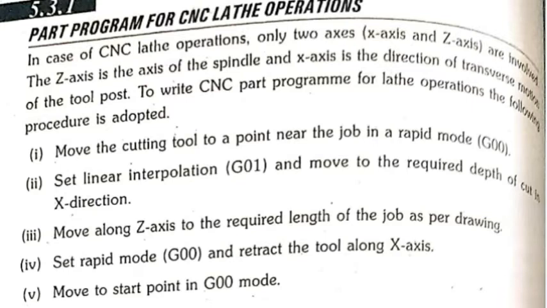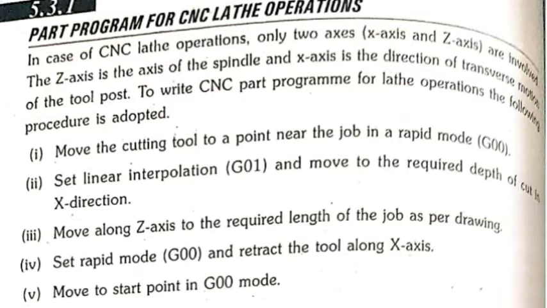Firstly, move the cutting tool to a point near the job in rapid mode. Rapid mode means G00. Next, set linear interpolation, that means G01, and move to the required depth of cut in the X direction. Then move along the Z axis to the required length of the job as per the diagram.